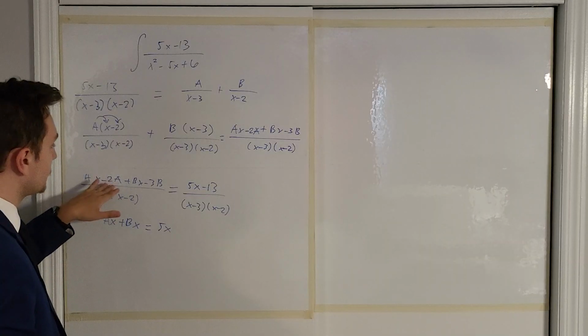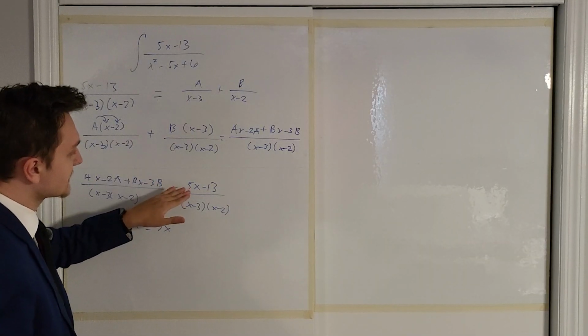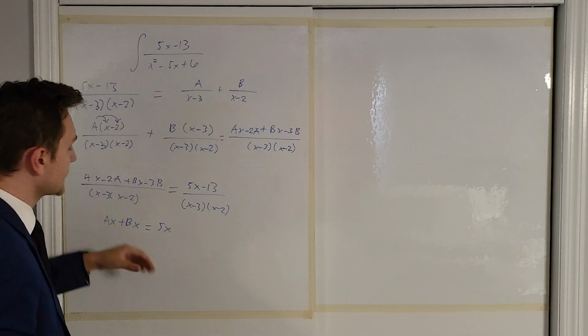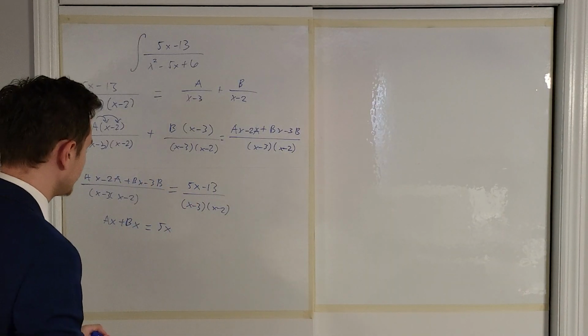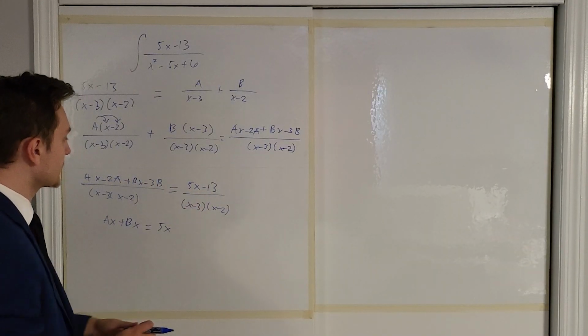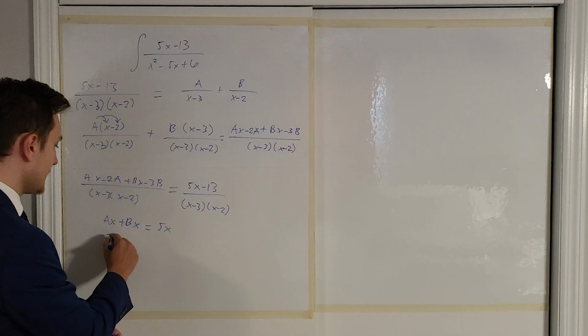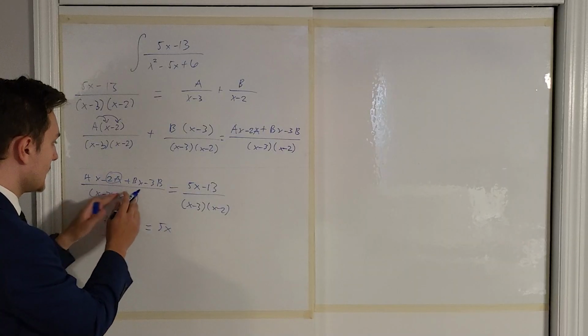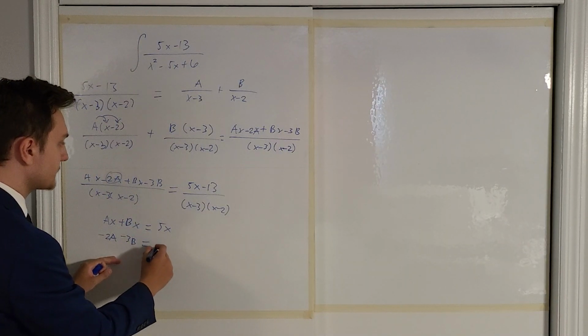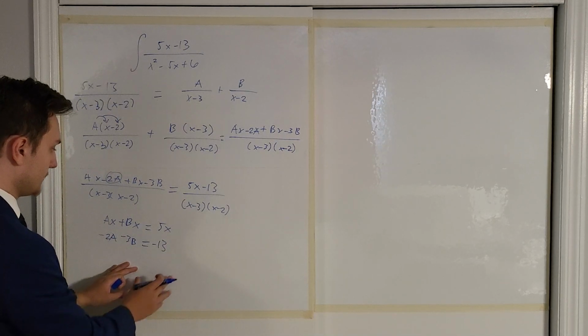I cannot add 4 and 6 and get 5x, okay? I need to add something times x to something times x and get something times x. In a similar way, something times x cannot give me a constant. So only my negative 2A right here and my negative 3B, when I combine those, have to give me my constant term, okay?